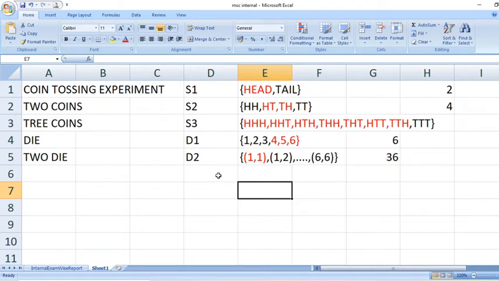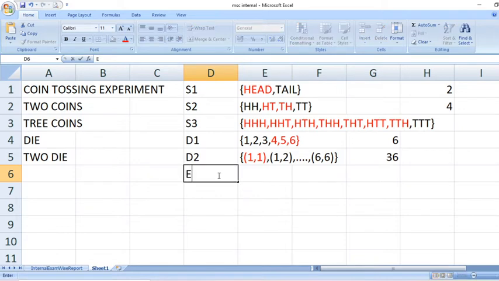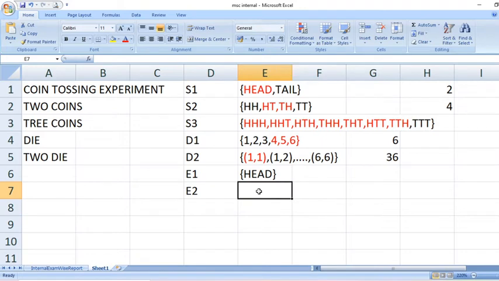Okay. So in the first case, event number 1, that is head only. The second example, E2: HT comma TH. This is a subset of that S2 sample space. Then E3.